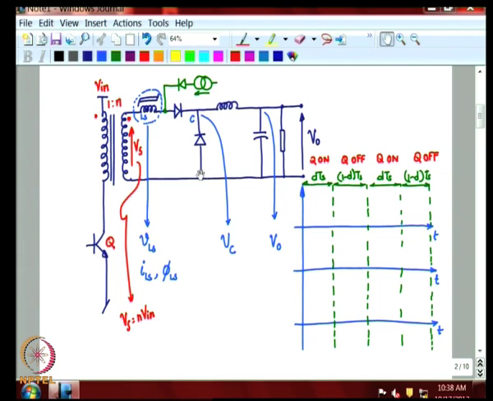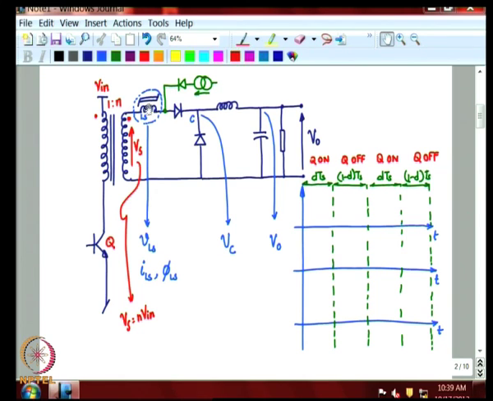So, this point is ground potential for this diode, and this voltage is positive at the dot end. So, there is a current that is going to flow through. This would be the positive side of the anode of the diode. This diode is forward biased, and you can have a current flow through this.